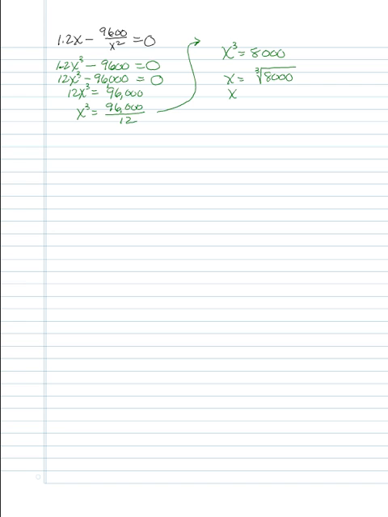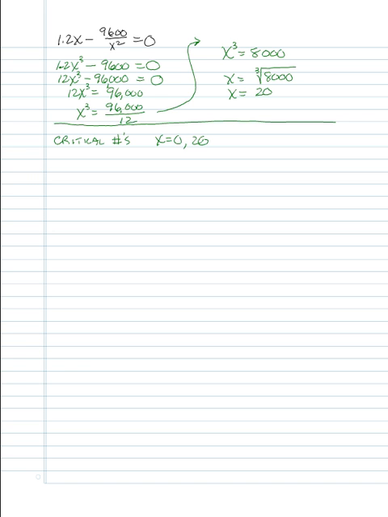And in this case, it wouldn't take us very long to figure out that x would be 20, I believe. 20 times 20 is 400, and then multiply by 20 again, and we get 8,000. Or we could use our calculator, but we get x equals 20. So, in summary here, our critical numbers are x equals 0 and x equals 20.